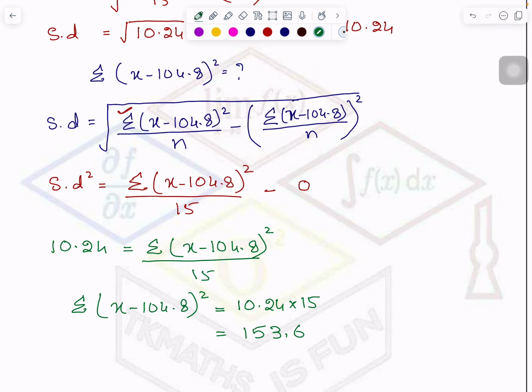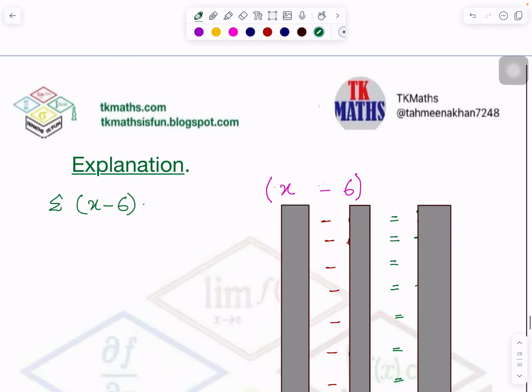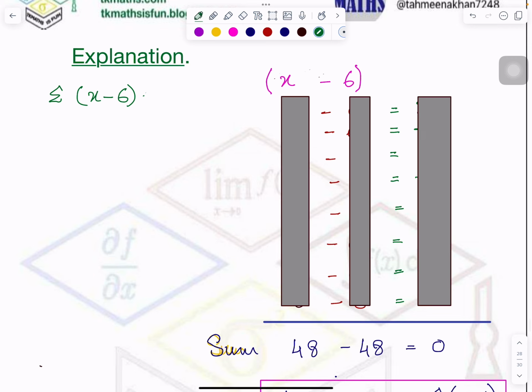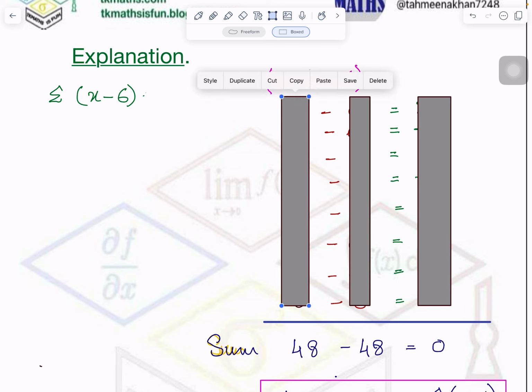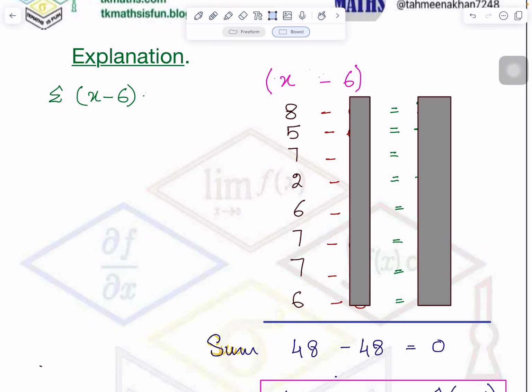Now for somebody who did not understand, let me explain it with the help of a simple question. Okay, so for example, I have taken data here of how many students? 1, 2, 3, 4, 5, 6, 7, 8. Suppose these are the marks of 8 students, just to explain the meaning of it.